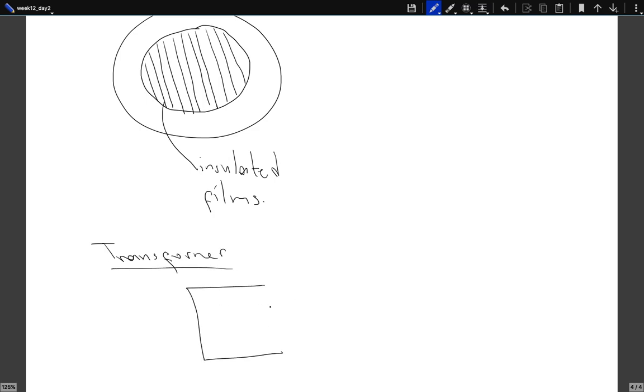You have a metal piece. Well, ideally, you have some winding of wire on the left and also on the right. You have many turns.